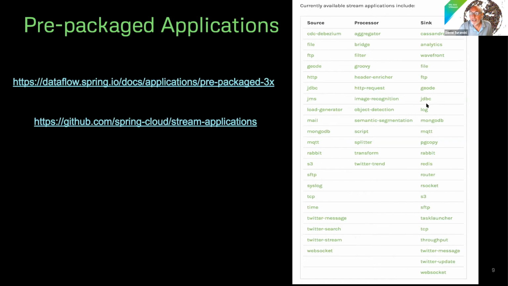On the sync side, we can store to various data stores like Cassandra, MongoDB, and JDBC, or Gemfire Grid. And we can also create files or create FTP files. We can route the output of a stream to another stream. We have a task launcher, a sync that uses Dataflow to launch a task that's registered in Dataflow.